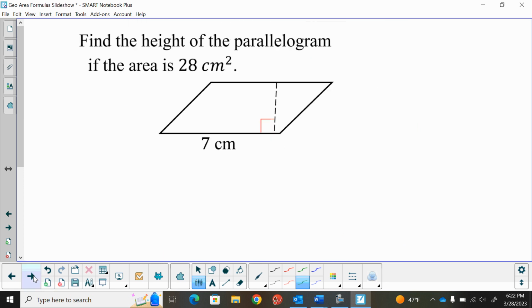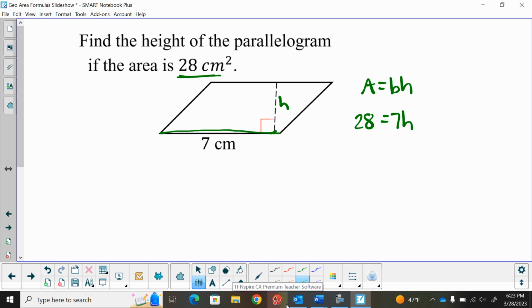All right. Why don't you pause this and try this next one? Okay, so if we start with our formula, area equals base times height. Now this time we've got our base is 7 centimeters, but we're looking for the height, and we're given area is 28.